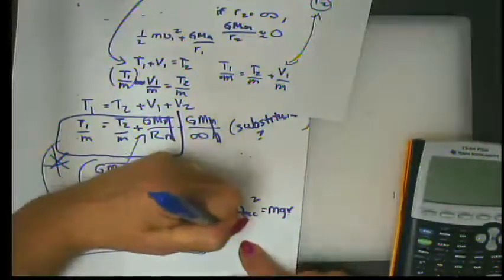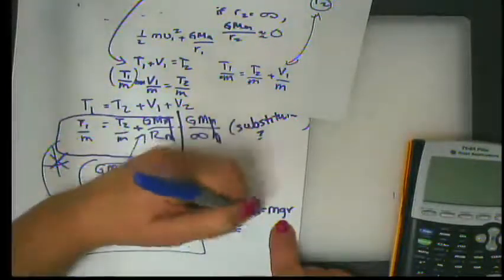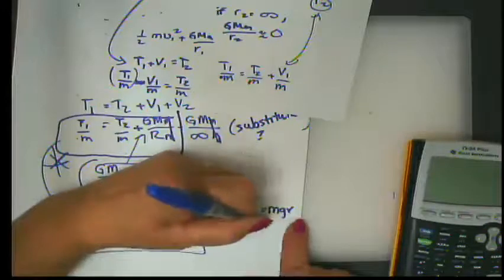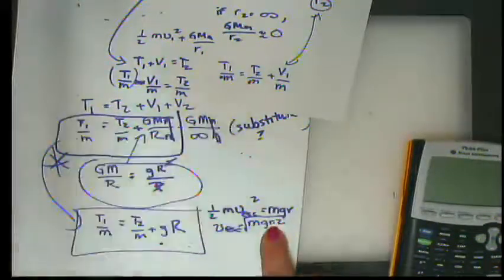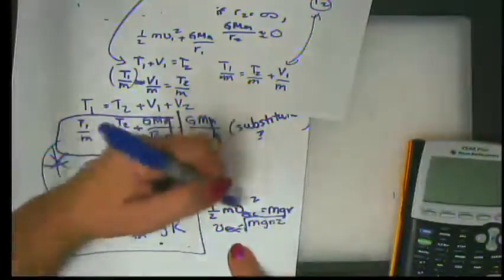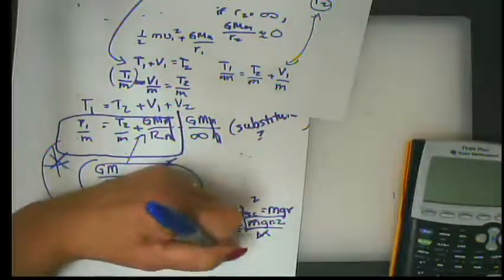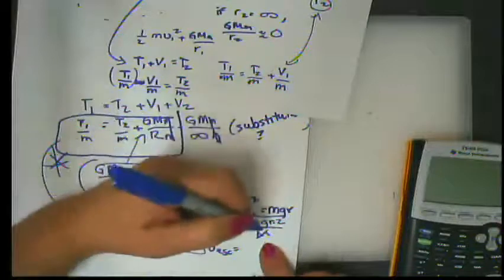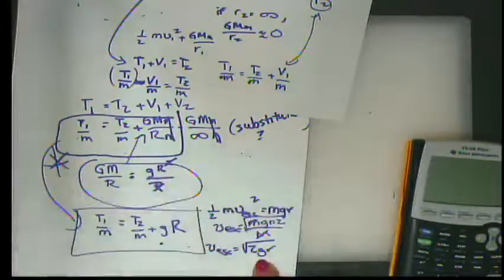And so the condition for escape, the velocity for escape, is actually mgr times 2. Take the square root of that. And that's going to be divided by m because there's an m on both sides. So it's just v escape is equal to the square root of 2 times g times r.